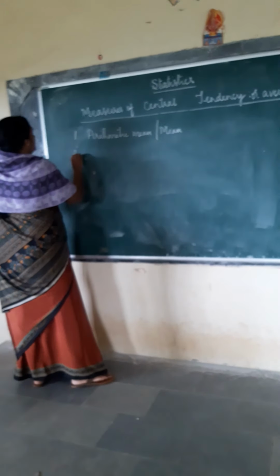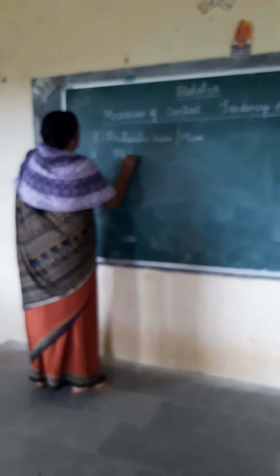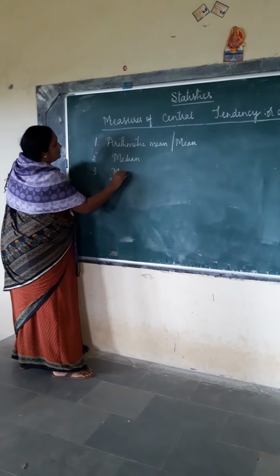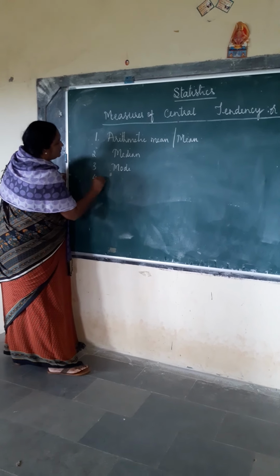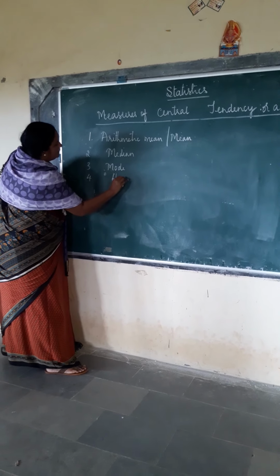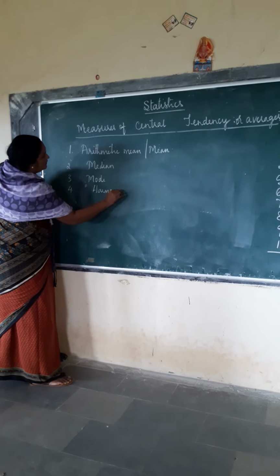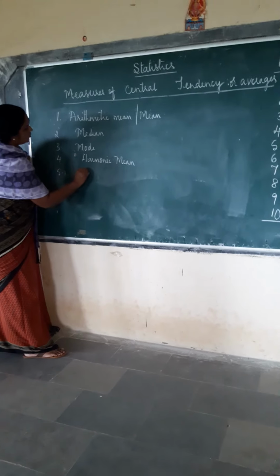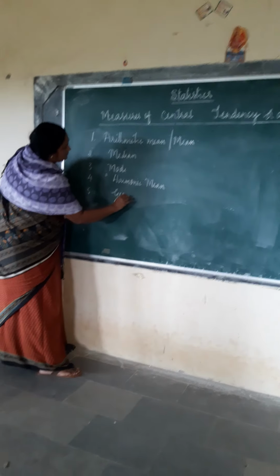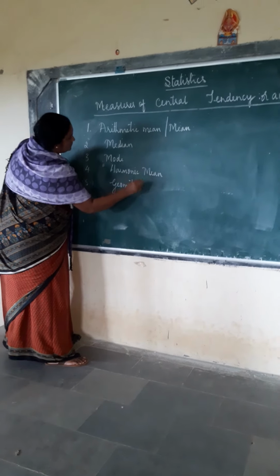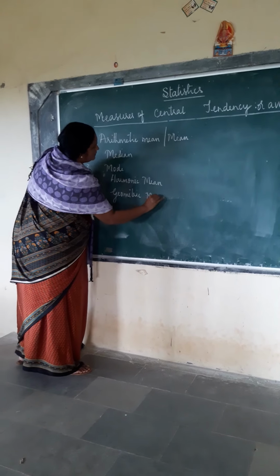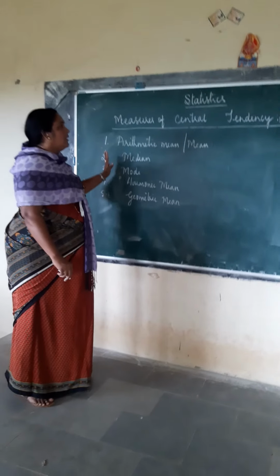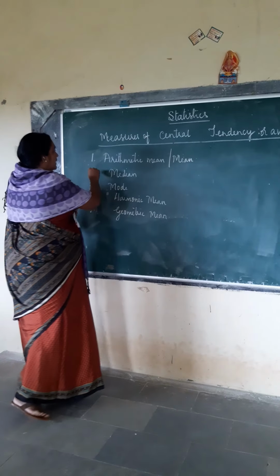Then we have median, third one mode, fourth harmonic mean, and geometric mean. Okay. So these are the usual averages that we use for our calculations.